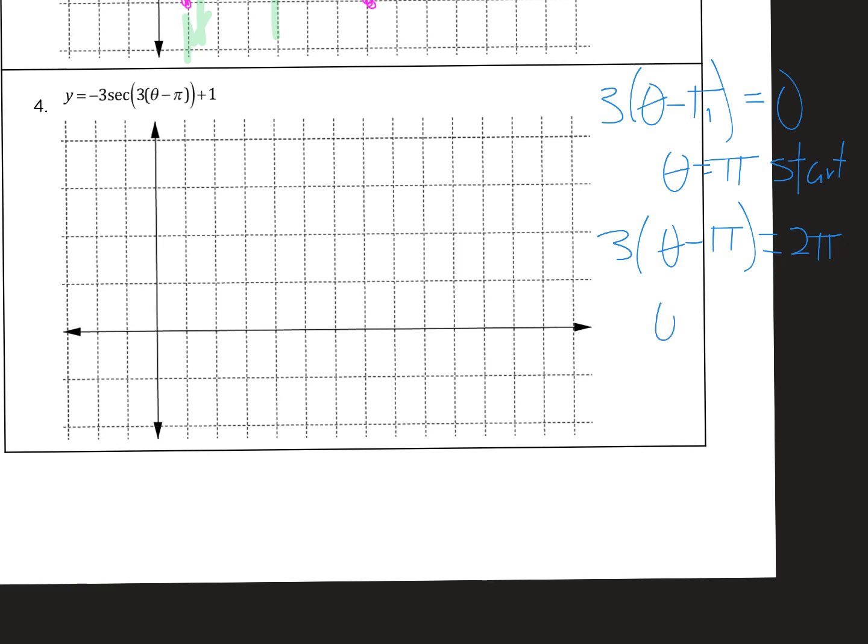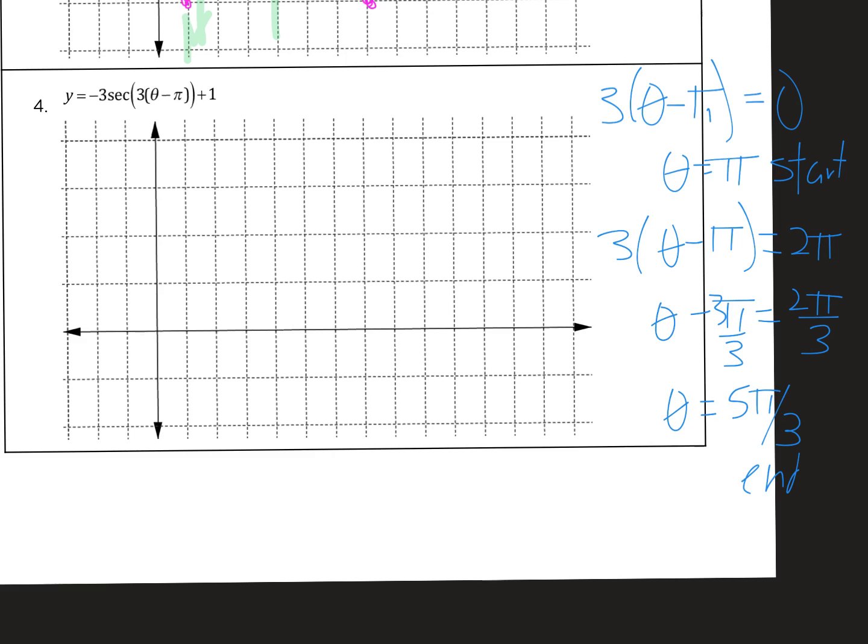So that's going to be divided by 3, and I'll have theta minus, write that down for them, pi is 2 pi over 3. So think of that as 3 pi over 3. So that's going to be 5 pi over 3. So that's where we end. So we're going to start at pi and end at 5 pi over 3.